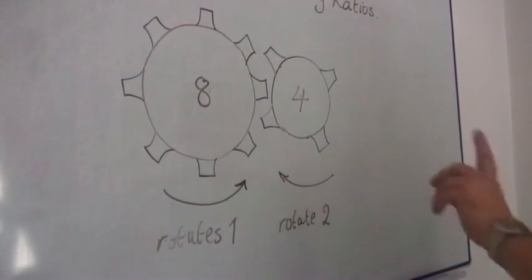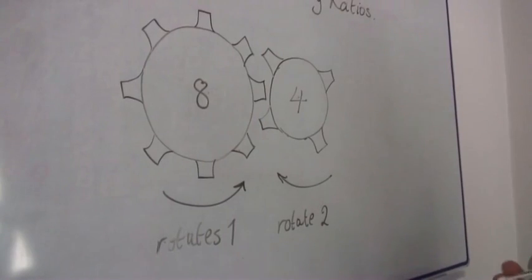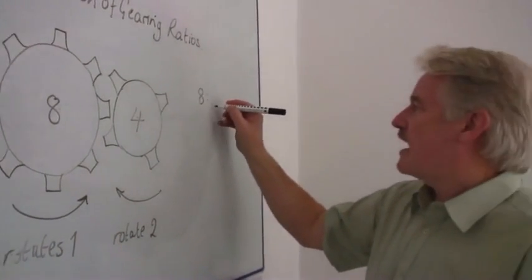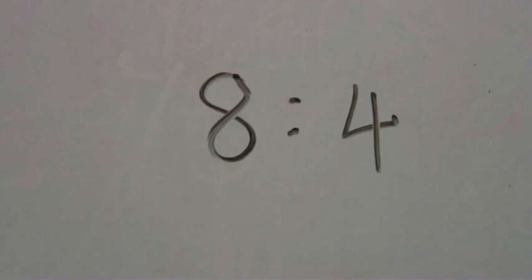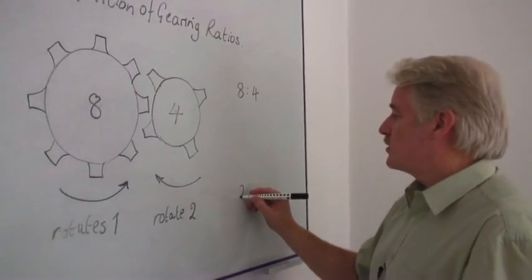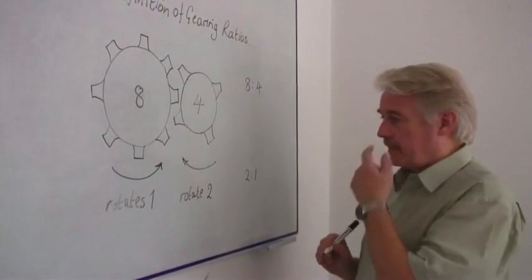Now normally when we're defining ratios, we put it down as, say, the ratio here is 8 to 4. But of course we can simplify that, and in fact the ratio is 2 to 1.